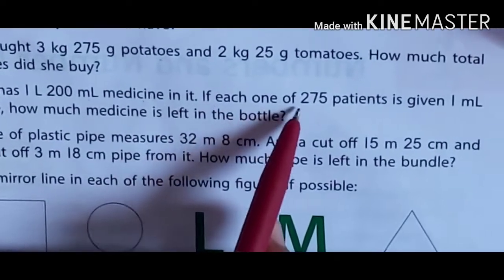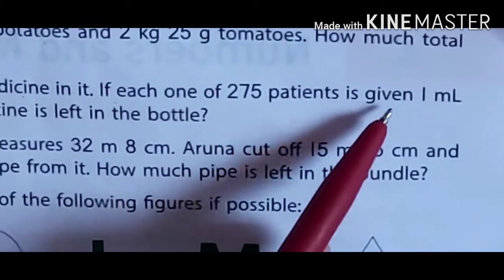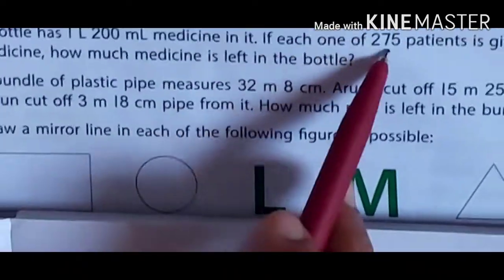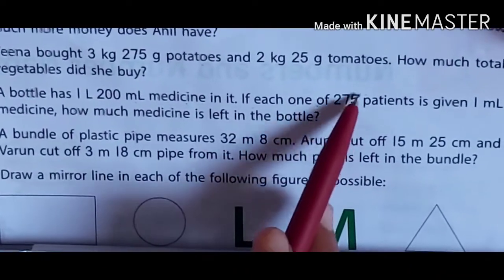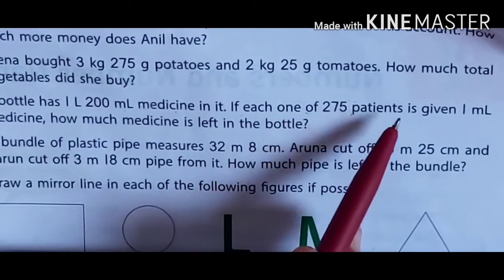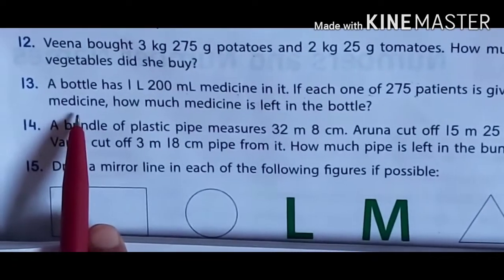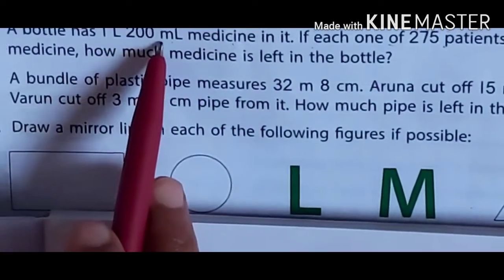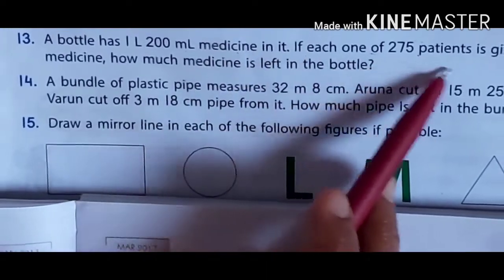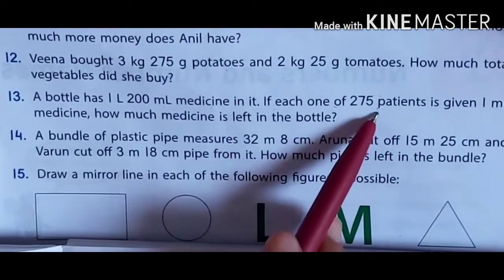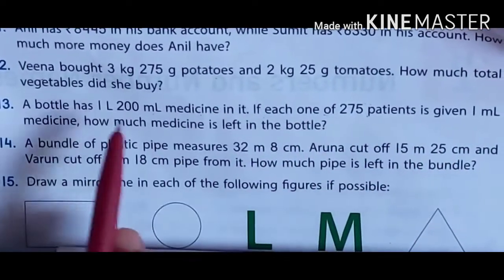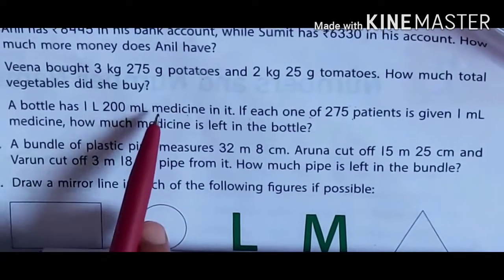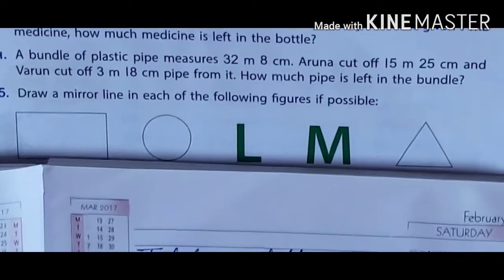If each one of 275 patient is taken 1 milliliter medicine, जितने भी पेशेंट है, टोटल पेशेंट की संख्या है 275, सभी ने 1-1 मिलीलीटर मेडिसिन लिया है. हाउ मच मेडिसिन इज लेफ्ट इन द बॉटल? बॉटल में कितना मेडिसिन बचा? तो पहले कितना मेडिसिन पेशेंट ने लिया वो हम निकाल लें और फिर उसको टोटल मेडिसिन में से सब्ट्रैक्ट कर देंगे तो हमको कितना बॉटल में बचा मिल जाएगा.